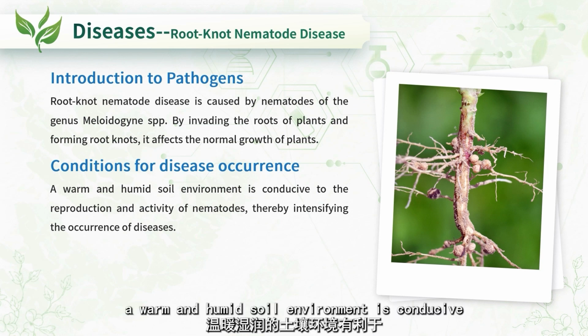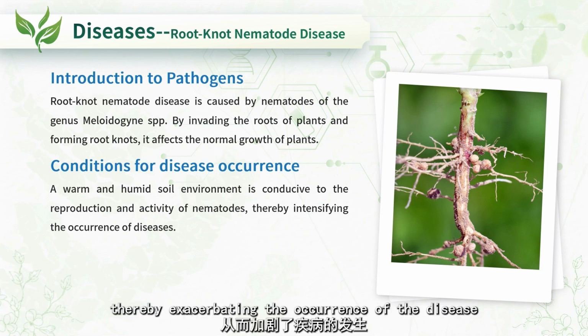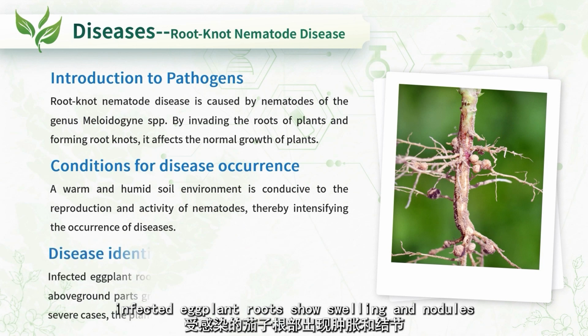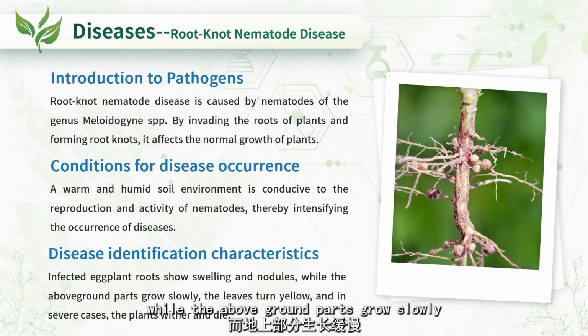A warm and humid soil environment is conducive to the reproduction and activity of nematodes, thereby exacerbating the occurrence of the disease. Infected eggplant roots show swelling and nodules, while the above-ground parts grow slowly. The leaves turn yellow, and in severe cases, the plants wither and die.